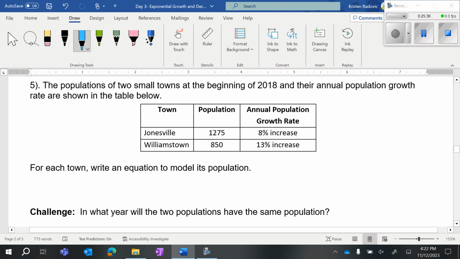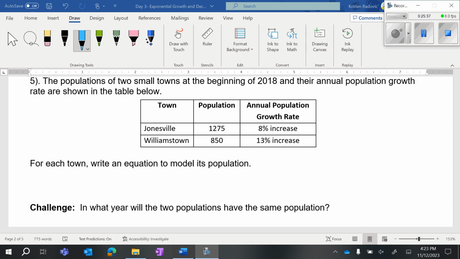Okay, number 5. The populations of 2 small towns beginning with 2018 and their annual population growth rate are shown in the table below. Now, because it's your growth rate, this is r. It's not your factor. For each town, write an equation to model its population.